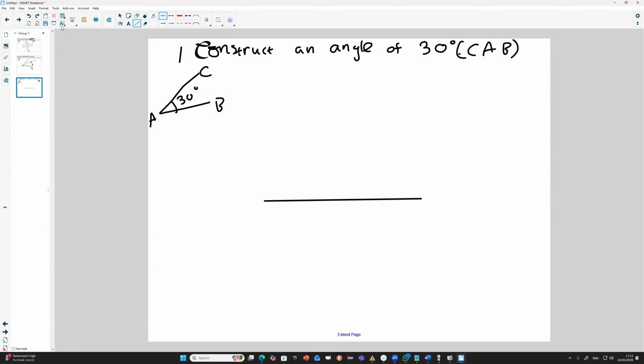So if I get my compass, put it on A, and open it up. It doesn't have to be all the way along here because I've done it too big. Let's do more like that.